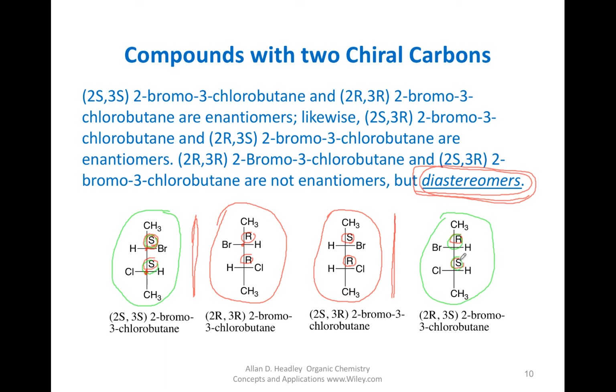Therefore they are not enantiomers, and therefore they're not mirror images of each other. You can try to look across from each other. You can see that they are not mirror images. And of course they do not superimpose. So therefore they are diastereomers.